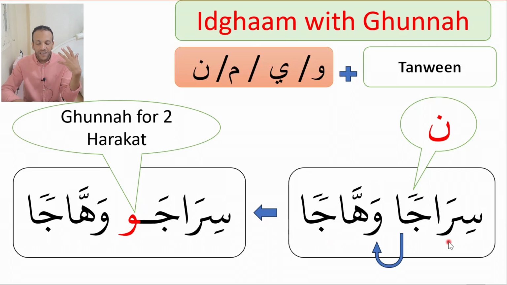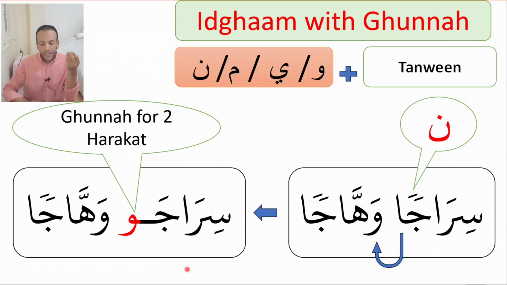This is like what we read in Arabic. So if you read in any normal book, you will say sirajan wahaja. But here in the Holy Quran, we need to improve and read correctly. So you need to apply this rule. So these words, you will read them like what I wrote here for you in your left hand.